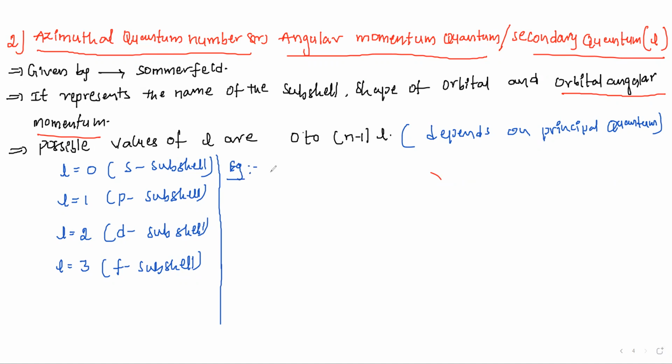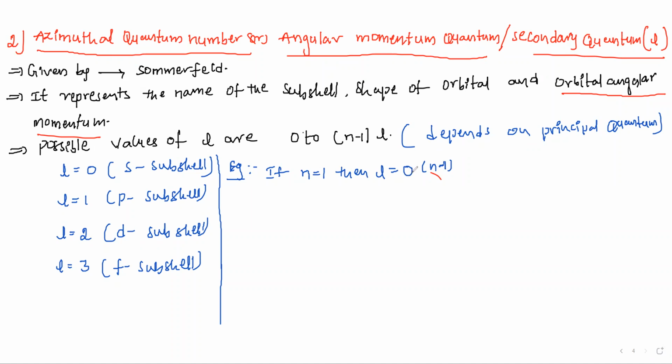If principal quantum number n is equal to 1, then possible L values, here only one possible L value is there, that is L is equal to 0 only. Why? Because according to n minus 1.